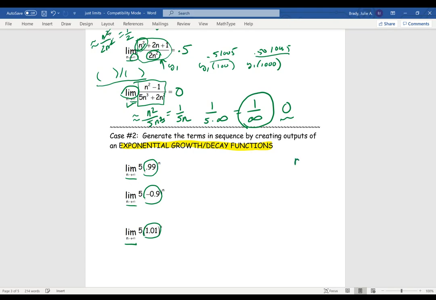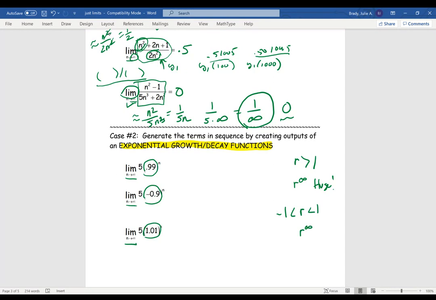If the ratio is bigger than 1, what happens when you power it? R to the infinity, what's going to happen to that? That's going to get huge, right? If R is between 1 and -1, and you take that R to the infinity, what's going to happen?